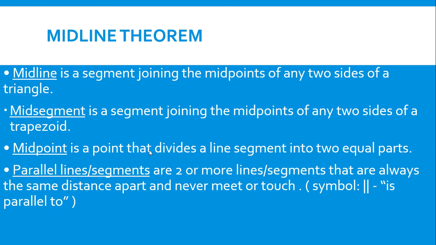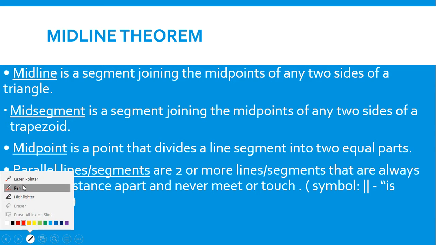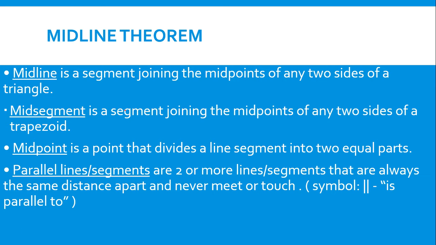Midpoint is a point that divides a line segment into two equal parts. Okay, so let's go back to the drawing of the triangle. Okay, this is the triangle. Pardon my drawing. So let's assume that this is a triangle. It is not a good drawing of a triangle, but for the sake of our discussion, I'm going to draw a triangle.